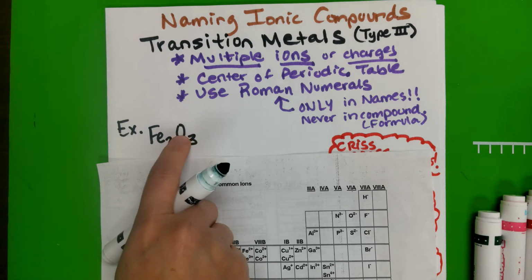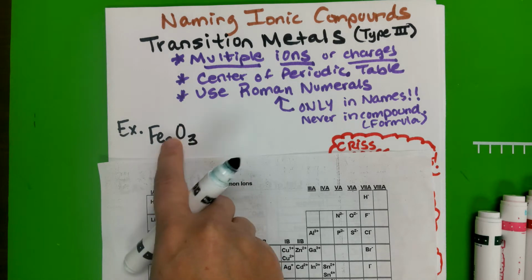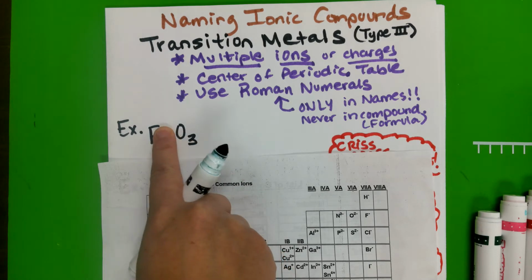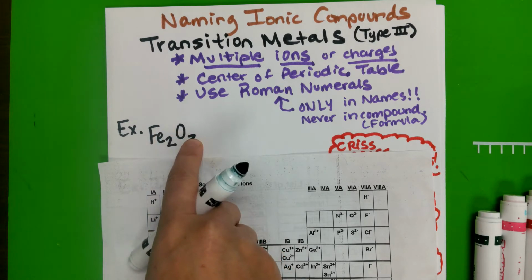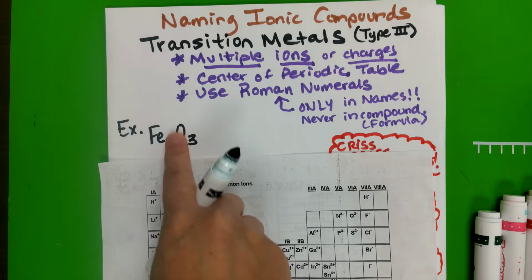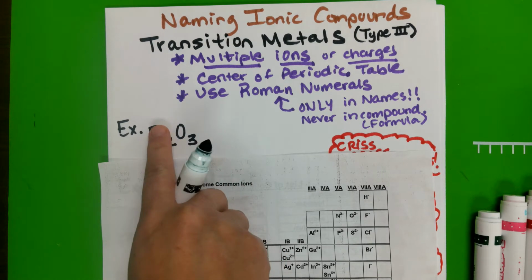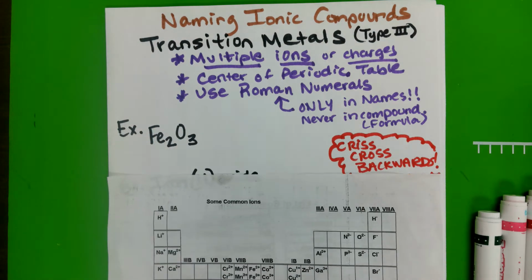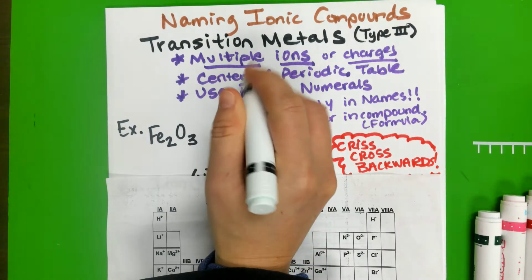The oxygen had the negative 2 charge. Well, now it's going to go backwards, because that 3 was part of iron. That's the only reason we know it's 3 oxygens, because it had a positive 3 iron. So it would have to go like this.